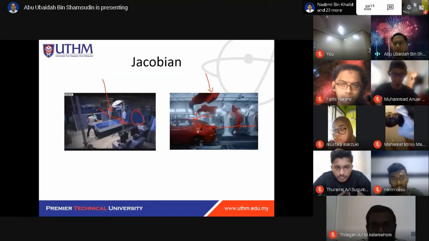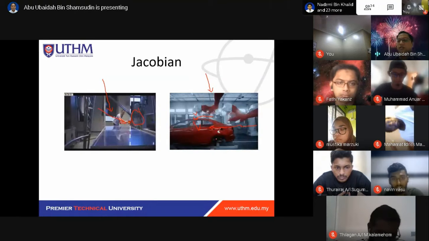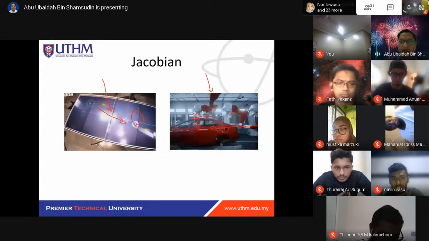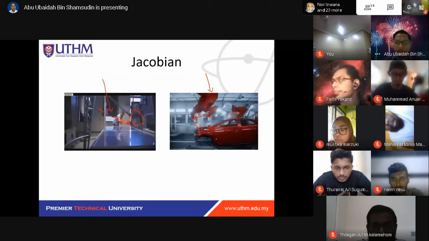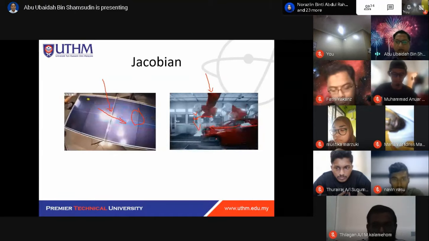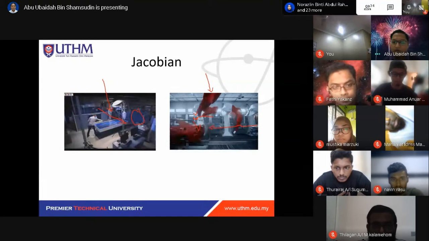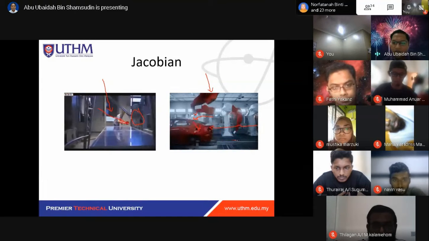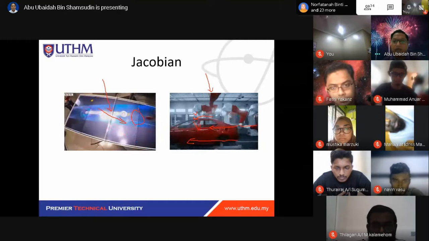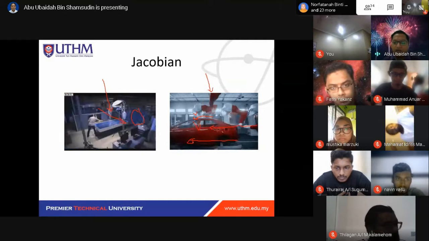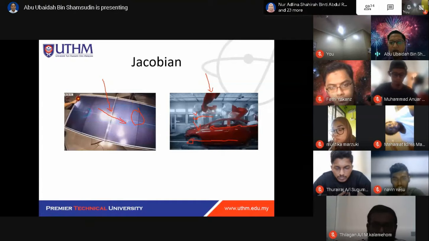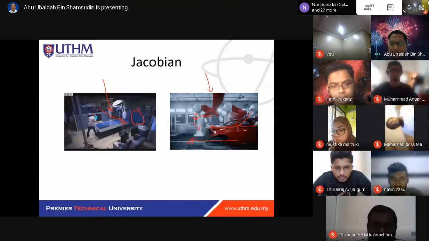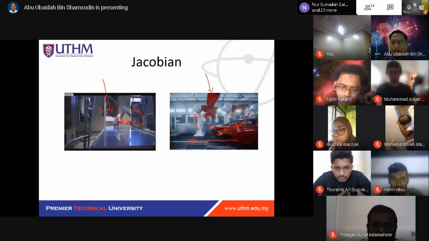Okay, so Jacobian is very important. It is one of the things that enables our robot to work while our conveyor is moving. Okay, so if you use the old methods, the car needs to stop here first, then the robot will do the painting, right?